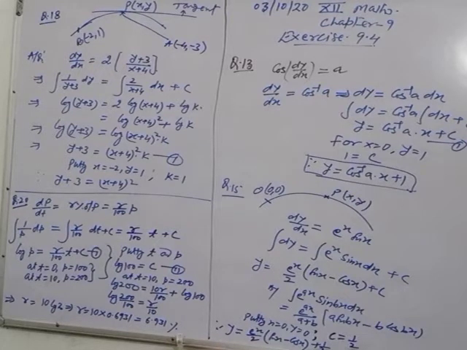On the right side, 2 log x plus 4, you can write log of x plus 4 squared plus log k, and by log m plus log n is log of m into n, means log of x plus 4 squared into k. From both the sides you can remove the log. So y plus 3 is equal to x plus 4 squared into k. This is your equation of the curve.